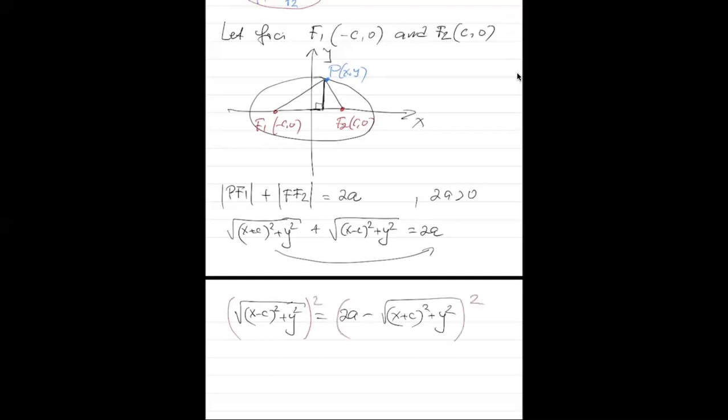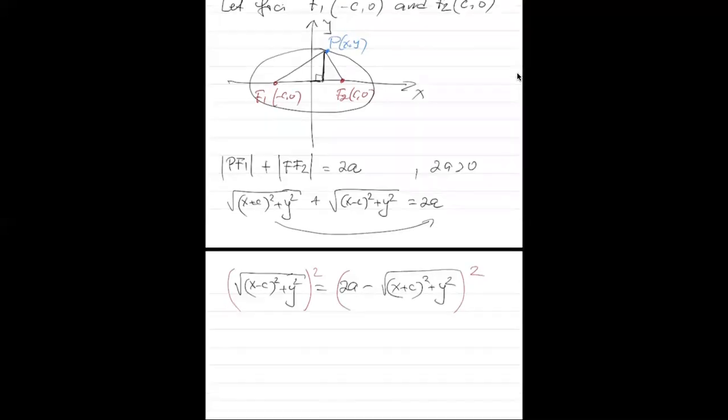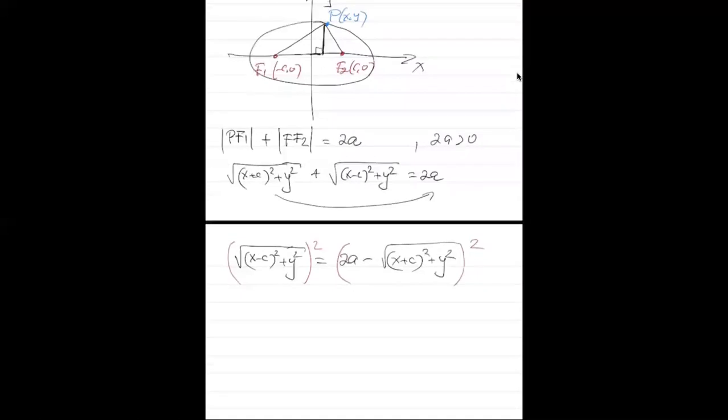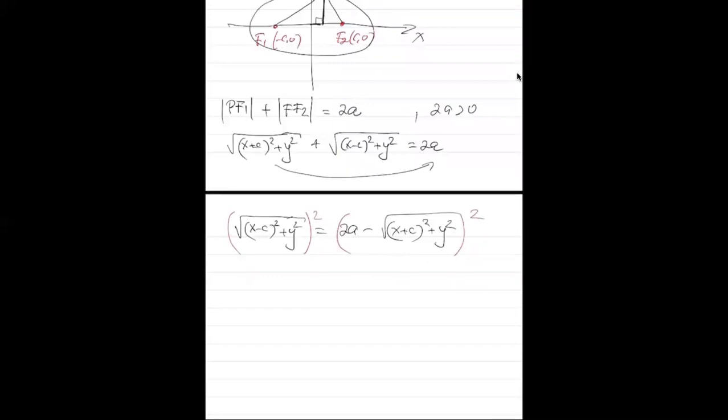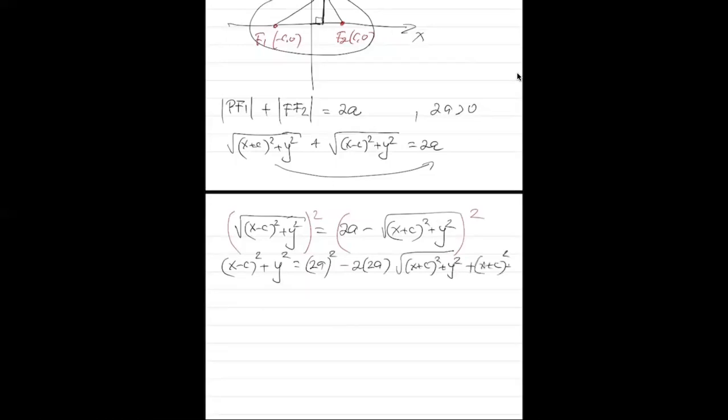So now we have (x minus c) squared plus y squared equals (2a) squared minus 2 times 2a times the square root. There's going to be a lot of algebra here to derive the formula, and finally plus, okay, I'm not going to be able to fit it here, plus (x plus c) squared plus y squared. Here you go.